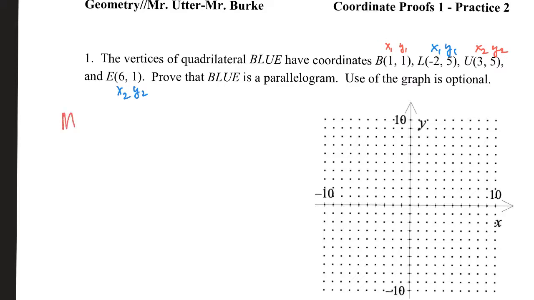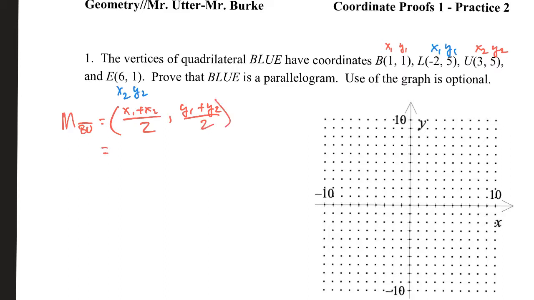We got the midpoint of BU. And I'll write the formula once. This is just the average of my x's, comma, the average of my y's.